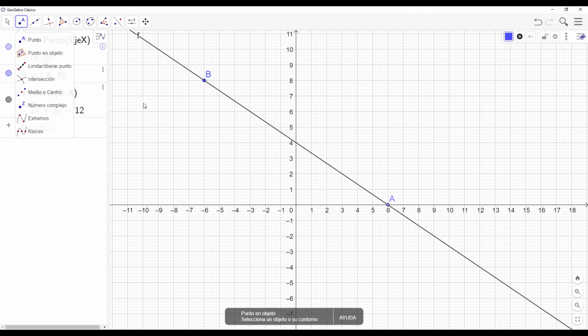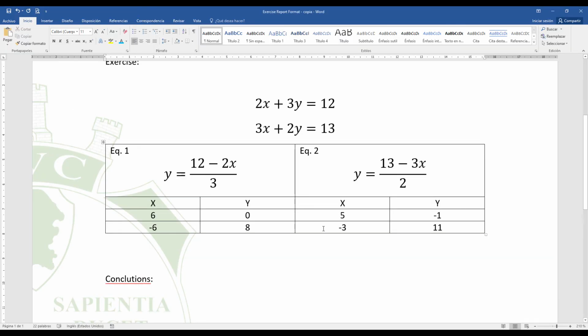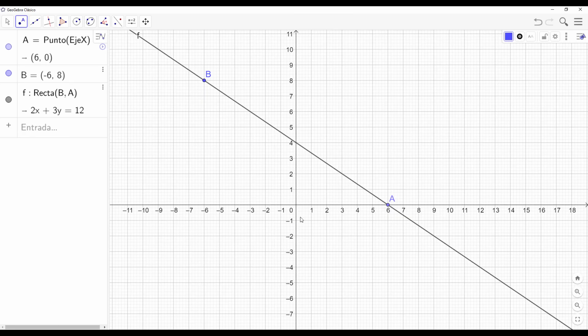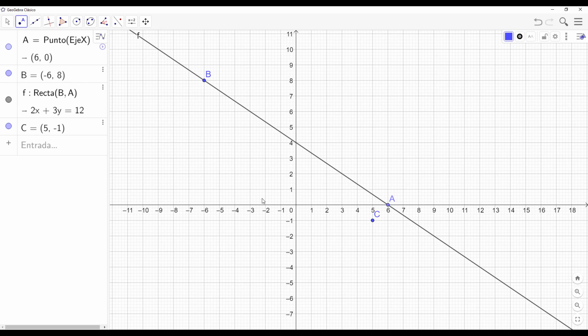Now the next point, 5 and minus 1, and minus 3 and 11.